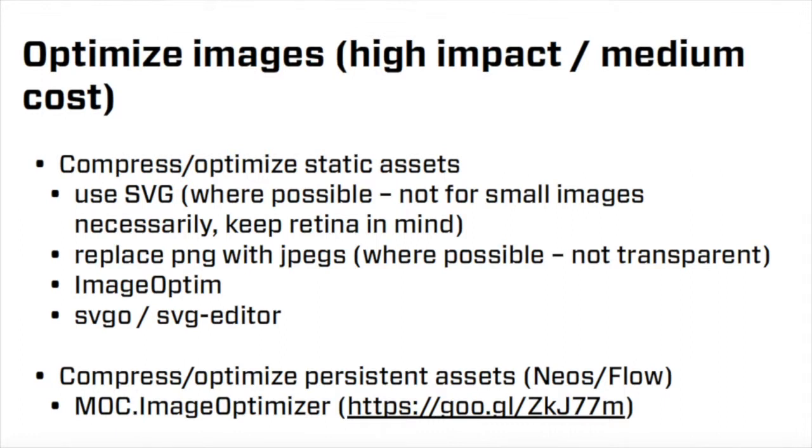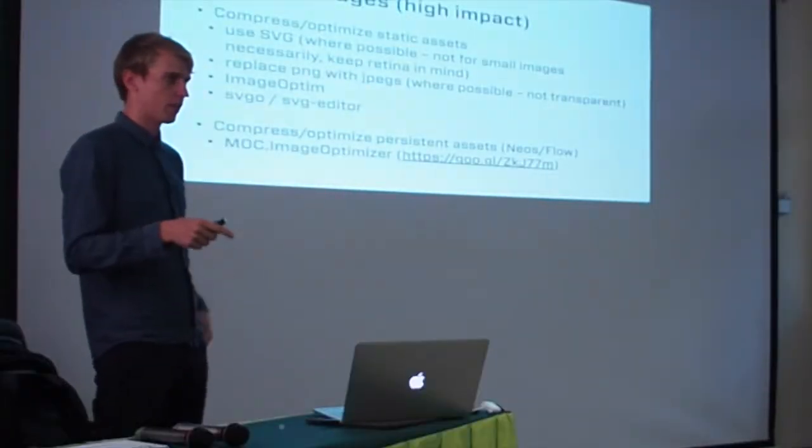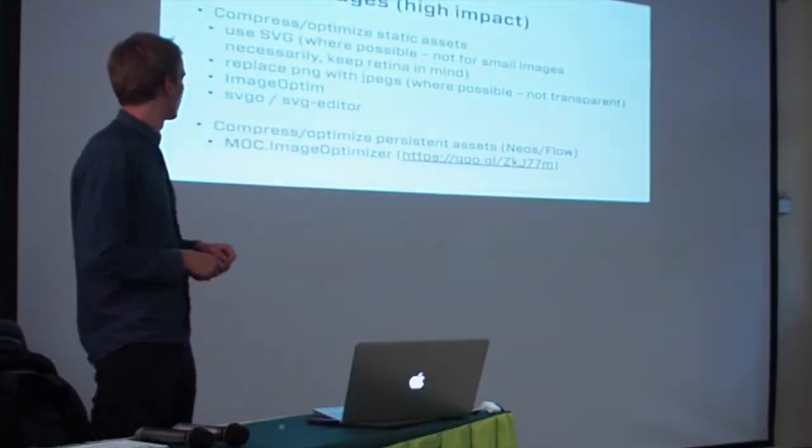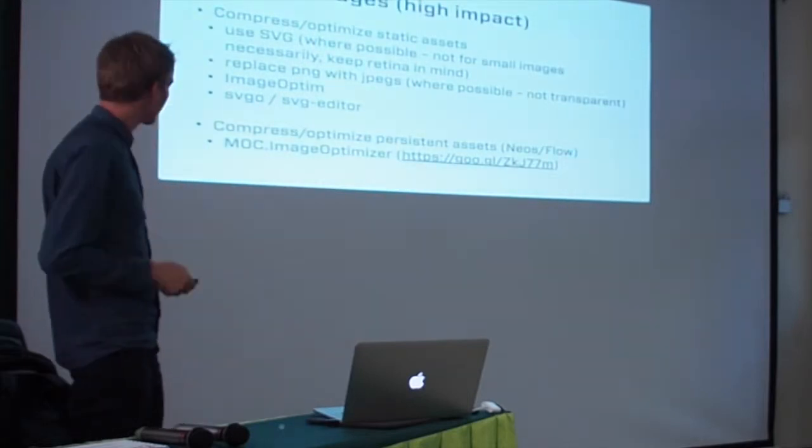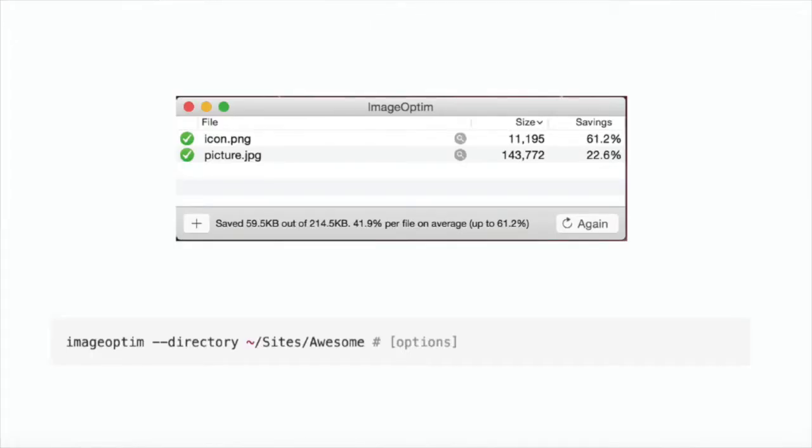There are some tools. ImageOptim is one, and there's an online one called SVG Editor. You can visually drop something in, start compressing and see if it still looks the same. If you have a Mac, there's a program where you just drag and drop and it does it for you. It's very easy. You can just drop the whole folder.